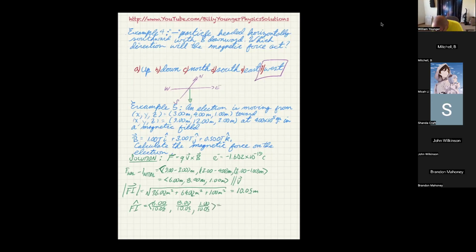I can go ahead and carry that out and do 6 divided by 10.05. That's going to give me 0.597. And that's only 3 sig figs, so I'm going to call it 0.5970. The other one, 8 divided by 10.05, that gives me 0.7960.